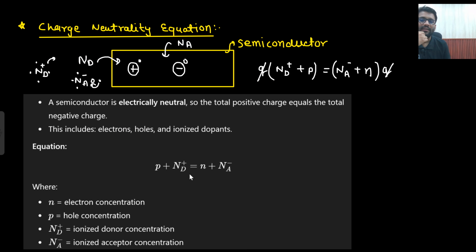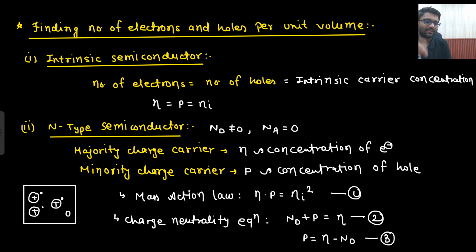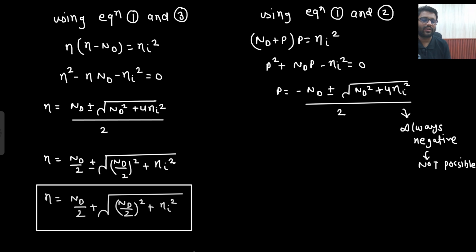That's why I said that this equation, mass action law, is used to find out the minority carrier concentration. So in n-type semiconductor, who is the majority carrier concentration? This is the majority carrier concentration. So if I have found out the majority carrier concentration, how will I find out my minority carrier concentration?